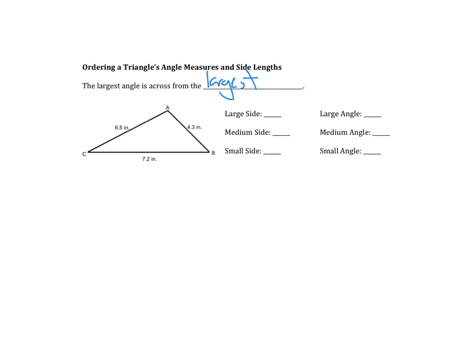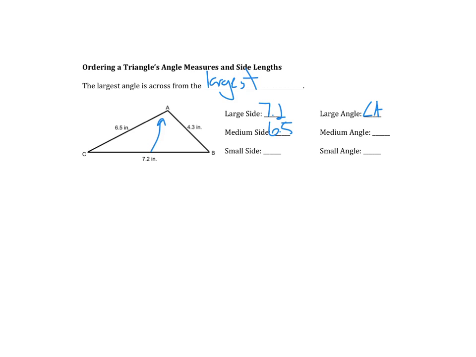So here, for this example, our large side is 7.2. So then the angle across from it is angle A. And then our medium is 6.5.